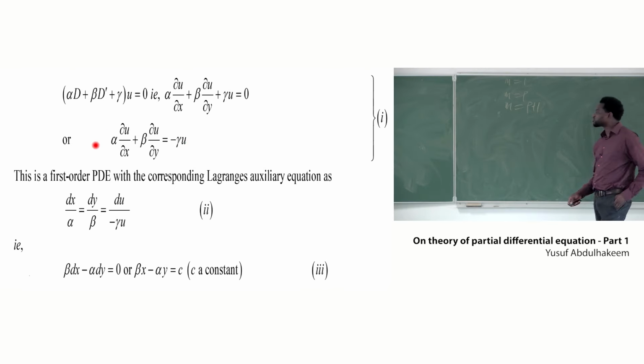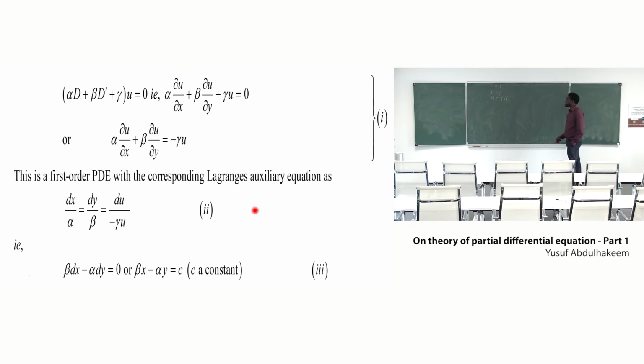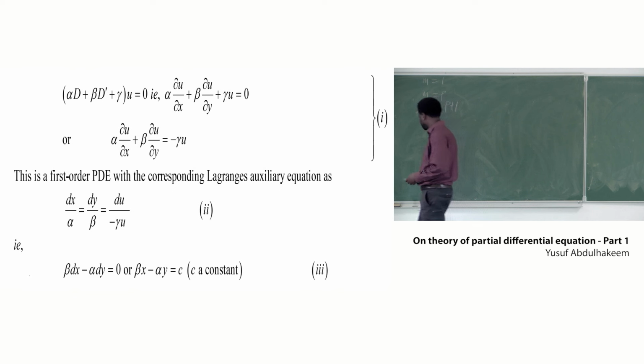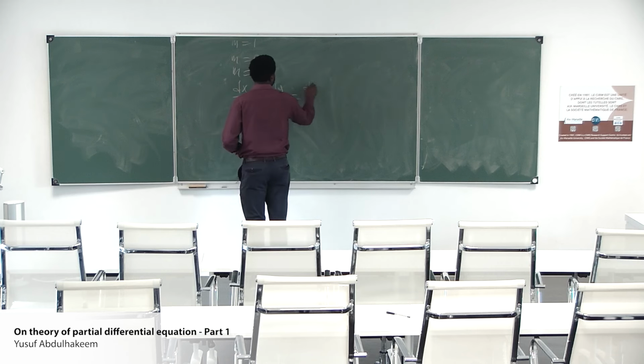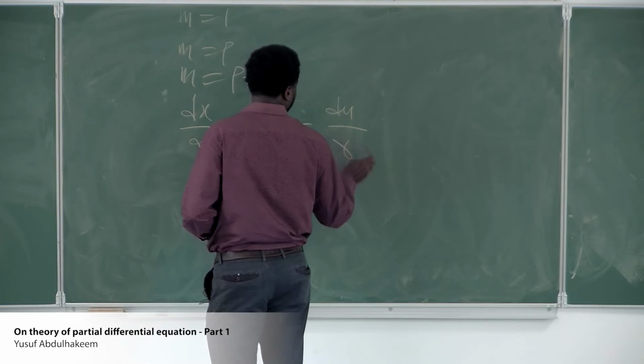And then this is a first order PDE with the corresponding Lagrange auxiliary equation. So here now, by the time we take these two pair here, this and this, to solve, that is, the auxiliary equation is dx over alpha, which is equal to dy over beta, which is the same thing as du over minus gamma u.